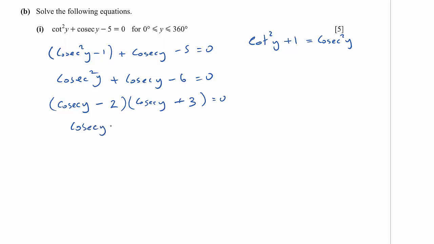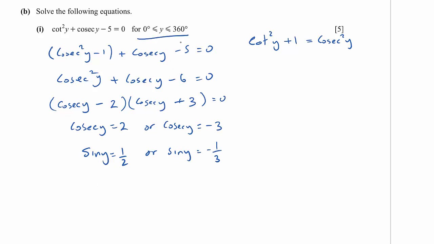So cosec y is equal to 2, or cosec y is equal to negative 3. Well, cosec's 1 over sine, so this means sine y is equal to a half, or sine y is equal to negative 1/3.